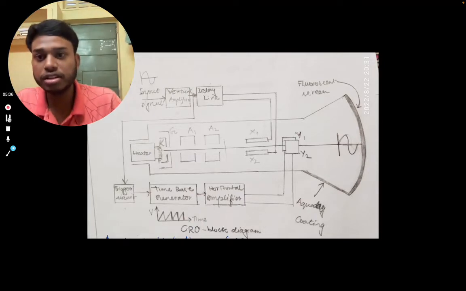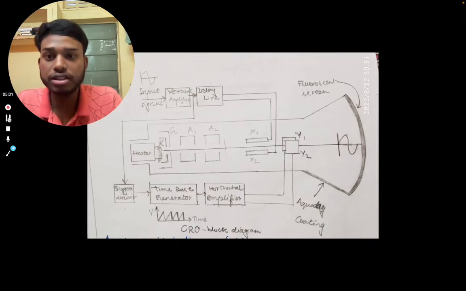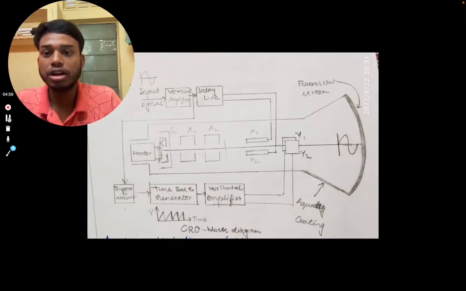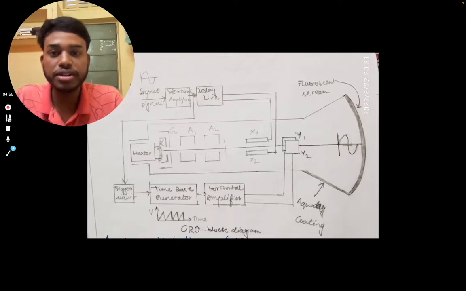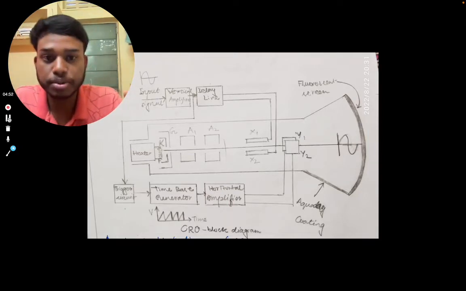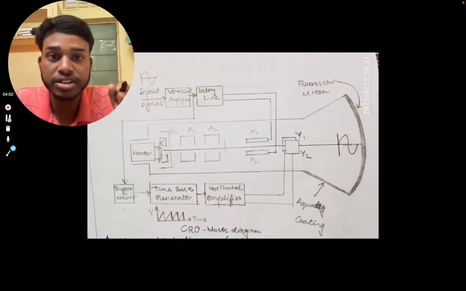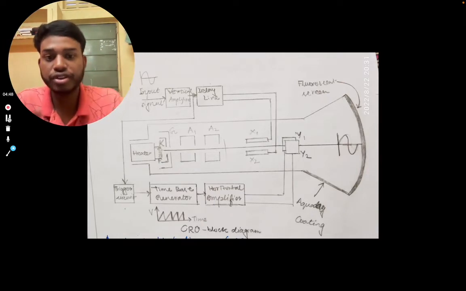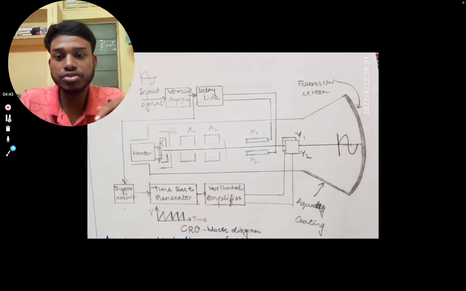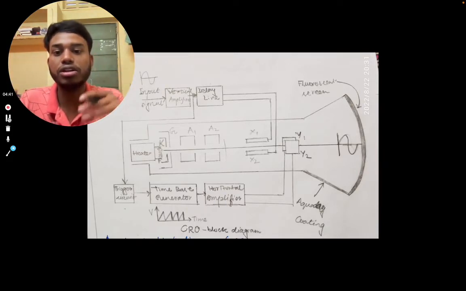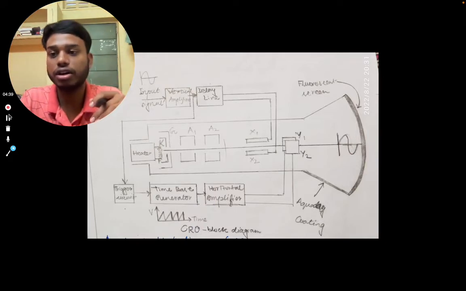You can see the input signal, then the vertical amplifier, delay line, and heater. There are 2 anodes inside the CRT, 2 types of deflection plates, and a fluorescent screen with a coating. There is also the trigger circuit, time base generator, and horizontal amplifier. These are the components in your CRO.